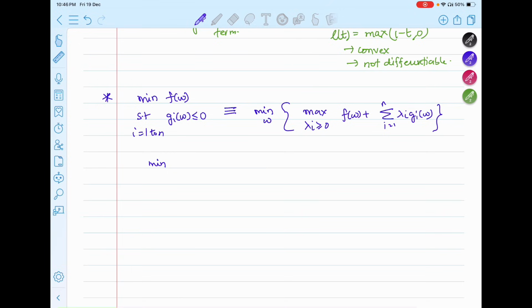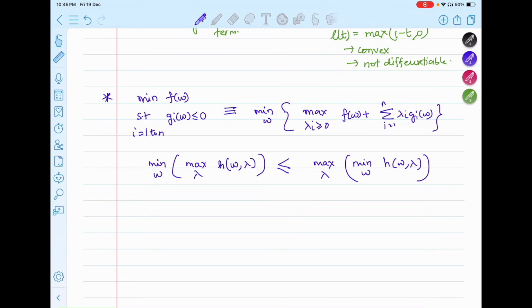Min with respect to w, max with respect to lambda, of some function h of w comma lambda, compare this with max with respect to lambda, min with respect to w, h of w comma lambda. It always turns out that the left hand side is greater than or equal to the right hand side.